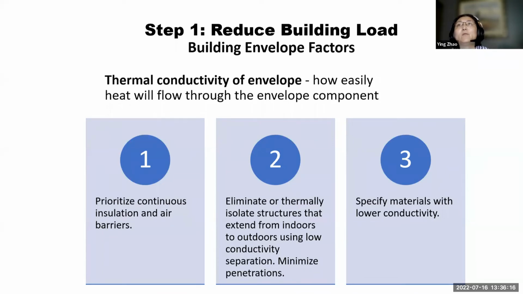For example, if outside is very cold, a lot of heat is lost from the inside of the building through this thermal bridge. So for the design, we try to minimize the thermal bridge. If we have to have some thermal bridge because of a structural component, we try to insulate it using low conductivity materials.